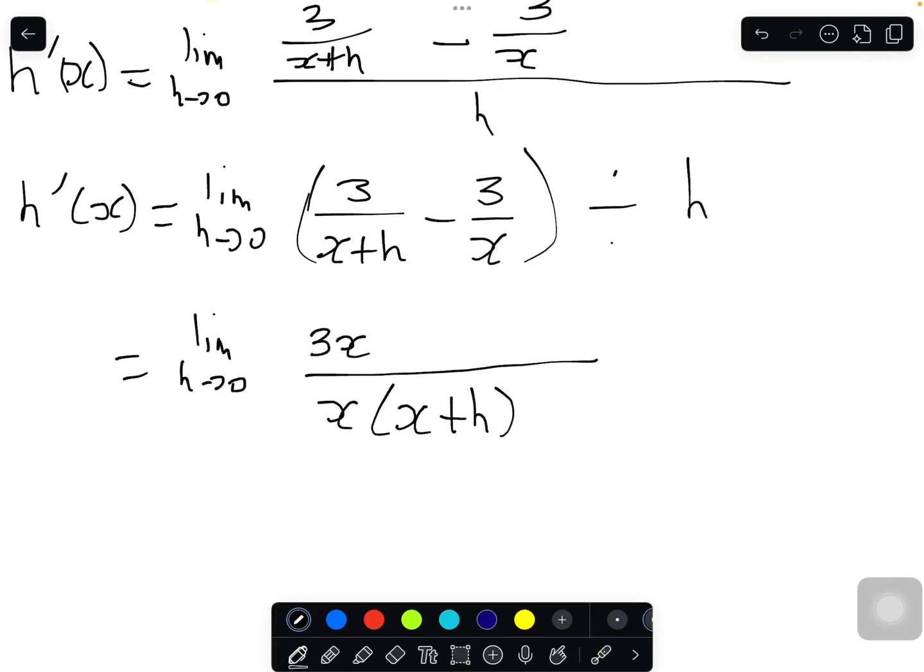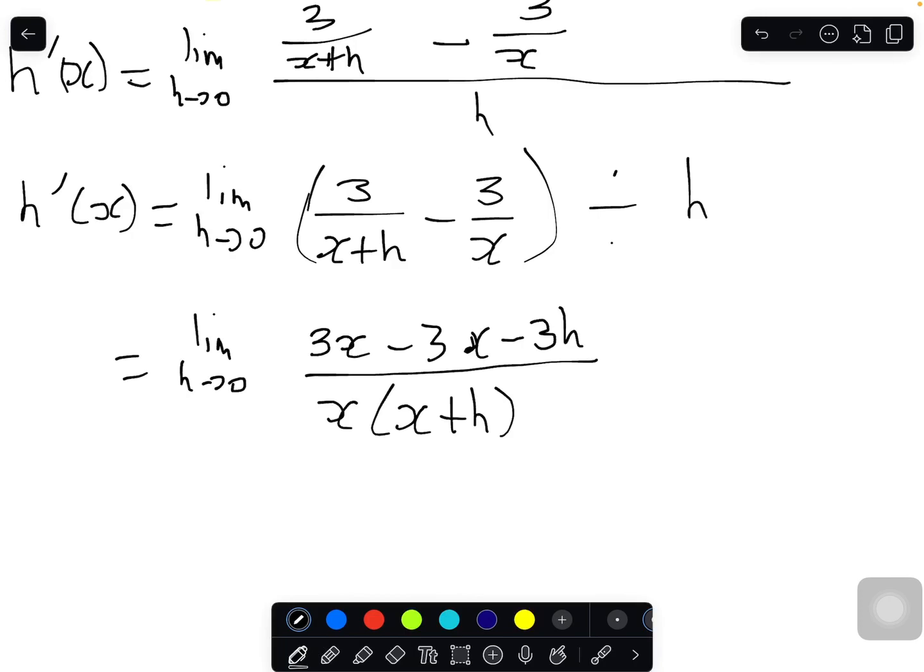And this will then be 3x minus 3x minus 3h. Right, and this is being divided.